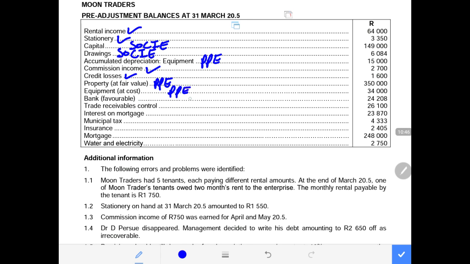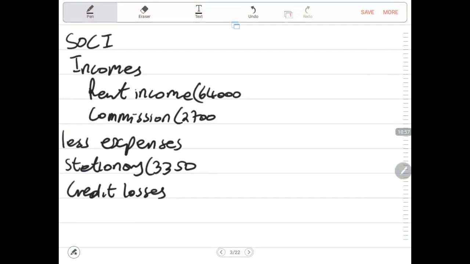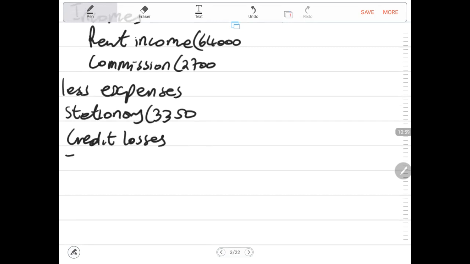Bank, this is also under the statement of financial position. Trade receivables. Interest on mortgage loan, we record it here. Interest on loan, which is a mortgage loan.